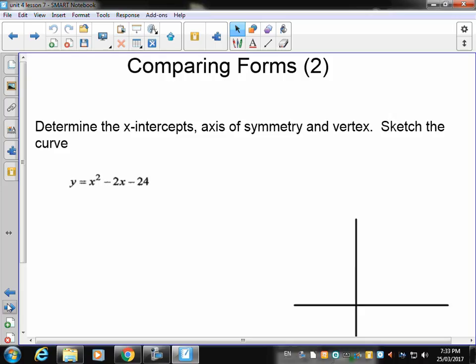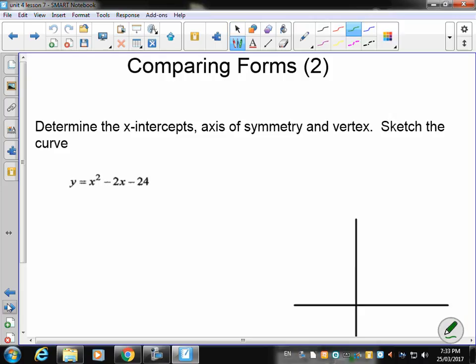We're going to determine the x-intercepts, axis of symmetry, and vertex, and that means we're going to have a little bit of work to do and come up with a sketch. Sometimes it's easiest to complete the square, not very often. Sometimes it's easiest to factor.